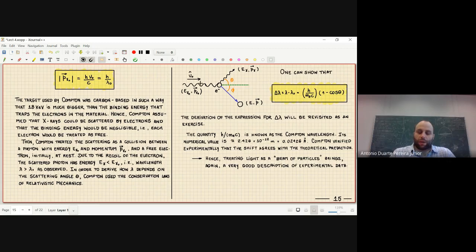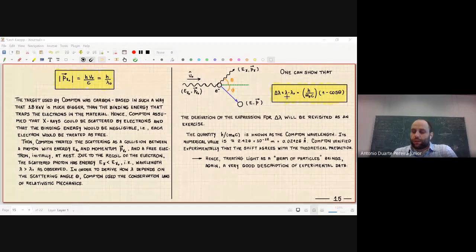So by applying the conservation laws of relativity that we did not do explicitly here, one could obtain how the wavelength of the scattered beam lambda is different from the initial wavelength lambda naught of the incident beam.